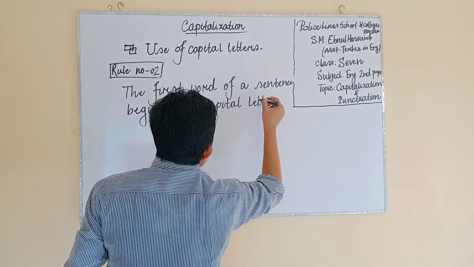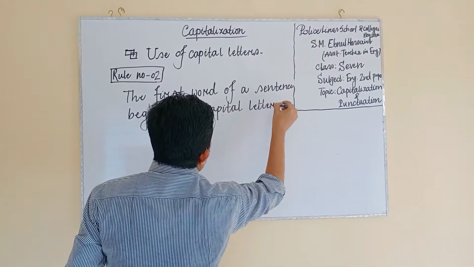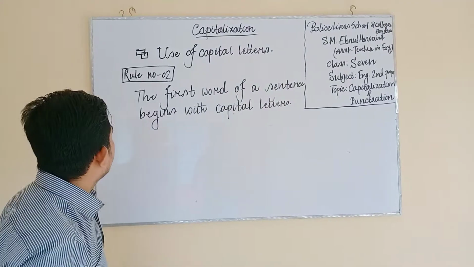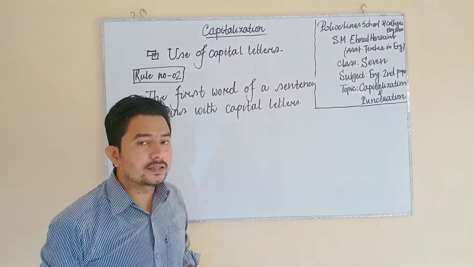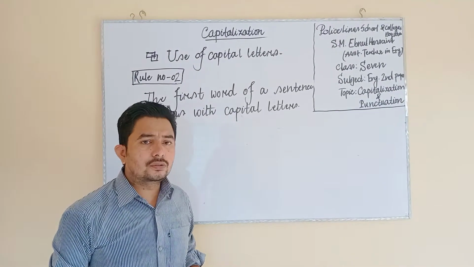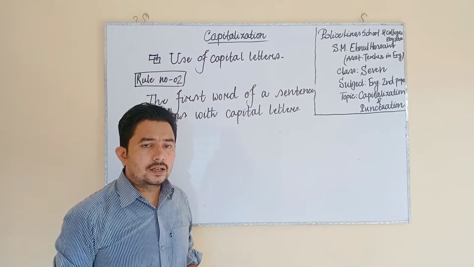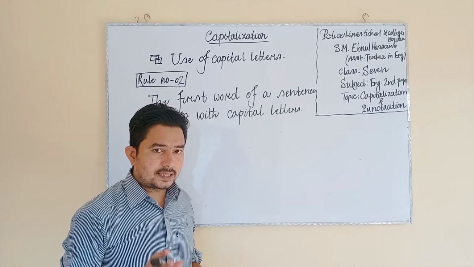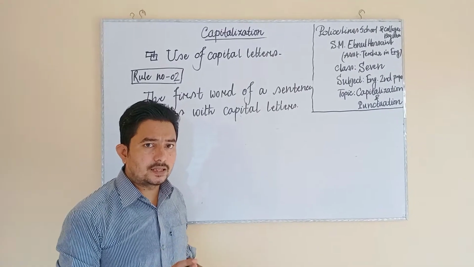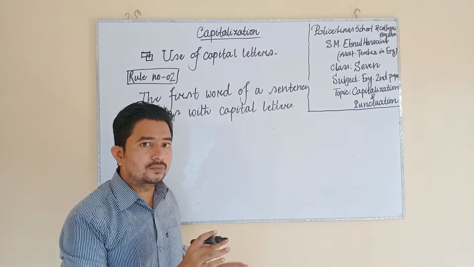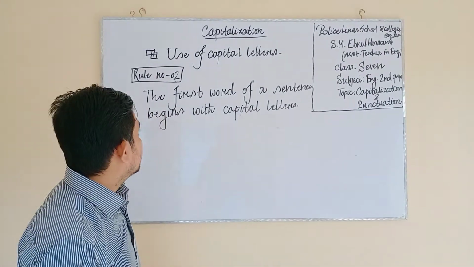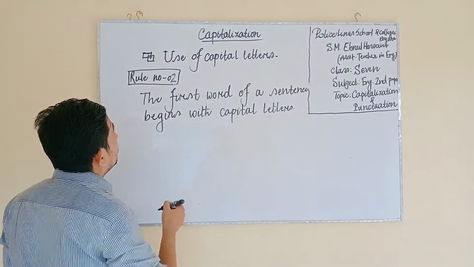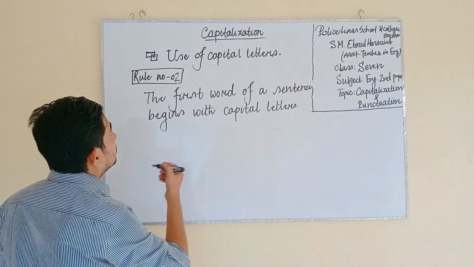And look at the board. The rule number 2, the first word of any sentences. So when you are going to write something, then the first word of the first sentence, or any sentence, will be written in capital letters.